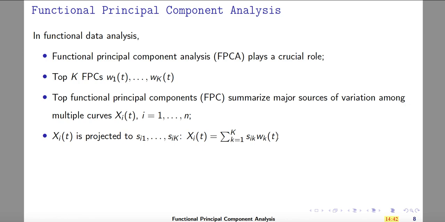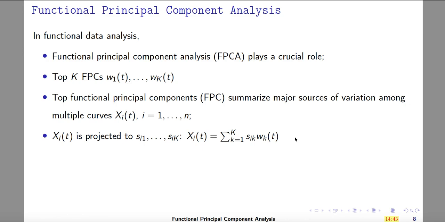In the summary of the first lectures, we mentioned there are also empirical basis functions. Actually, this w_k(t) will be the empirical basis functions, which are estimated directly from the data.